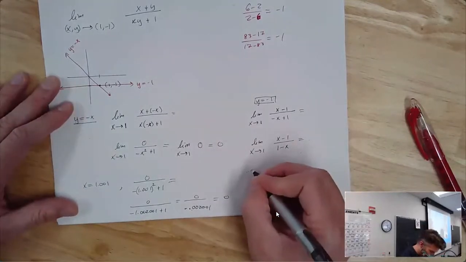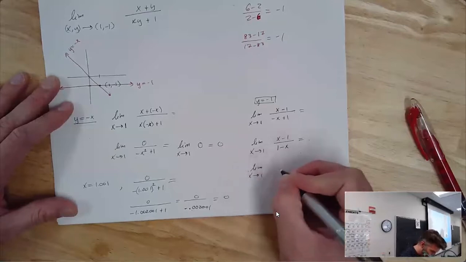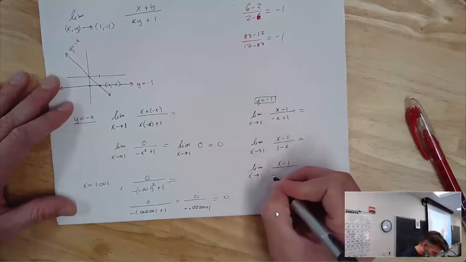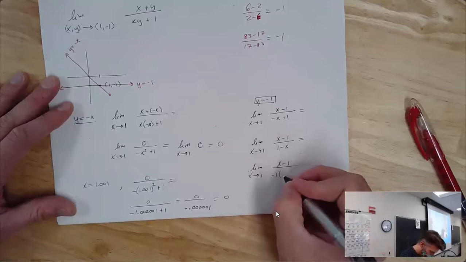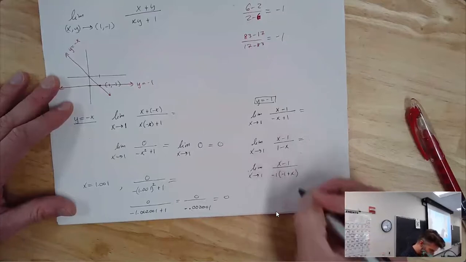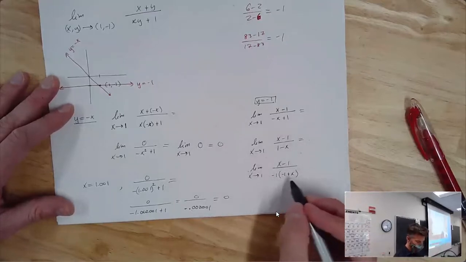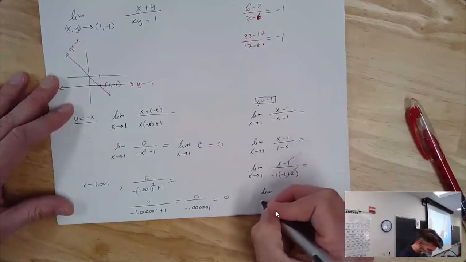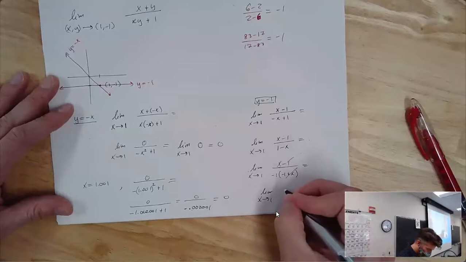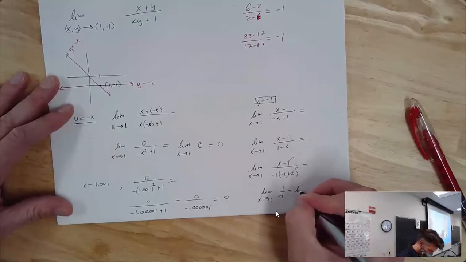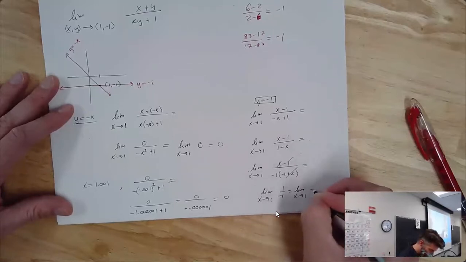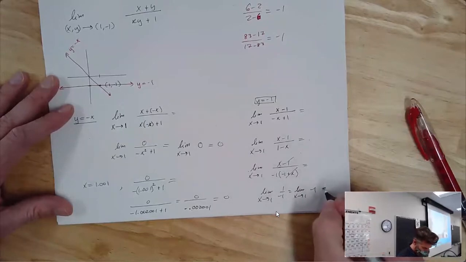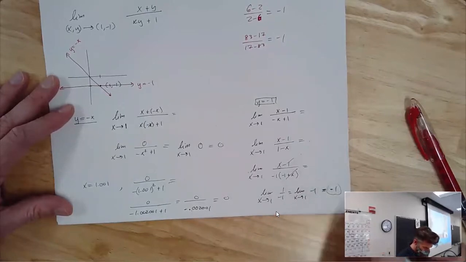You could say this is equal to the limit as x approaches 1 of x minus 1 over -1 times (-1 plus x). And x minus 1 is the same as -1 plus x. So that's equal to the limit as x approaches 1 of 1 over -1, which is the limit as x approaches 1 of -1. And the limit of a constant is just the constant.